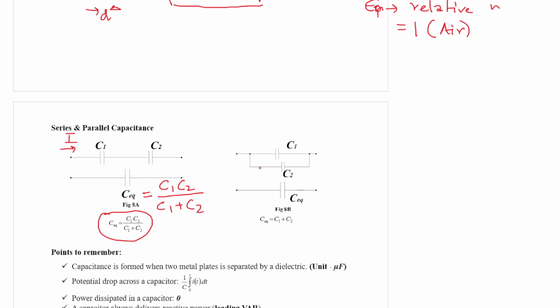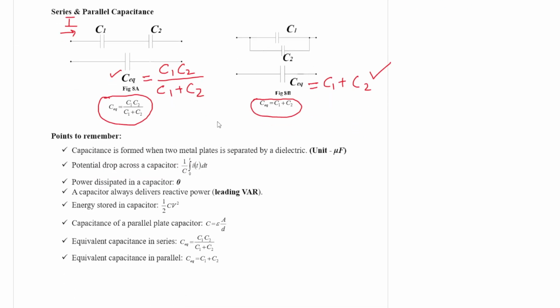Whereas in the case of a parallel circuit, where two capacitors C1 and C2 are connected in parallel, the equivalent capacitance is the summation of the two capacitors, so it is C1 plus C2. Now you can understand that these relations are exactly opposite with respect to resistance and inductance. So for series capacitors it is C1 C2 divided by C1 plus C2, and for parallel capacitors it is the summation C1 plus C2.